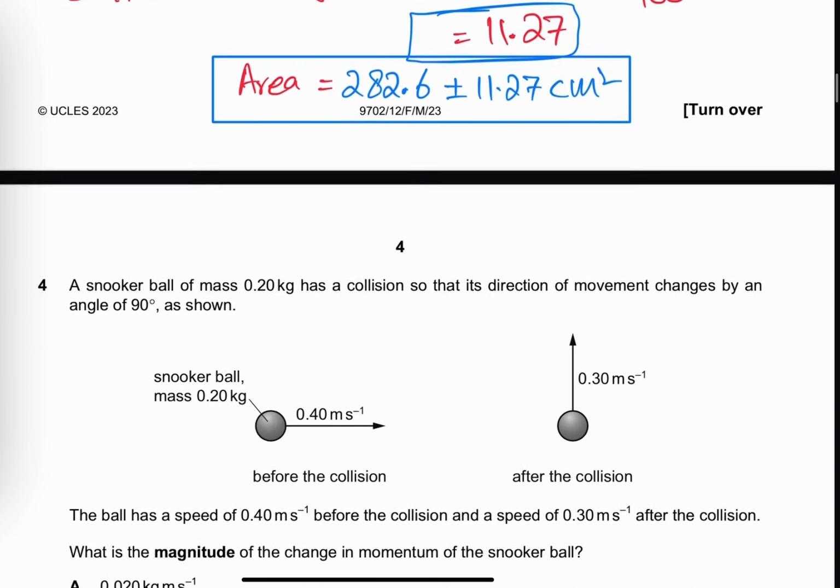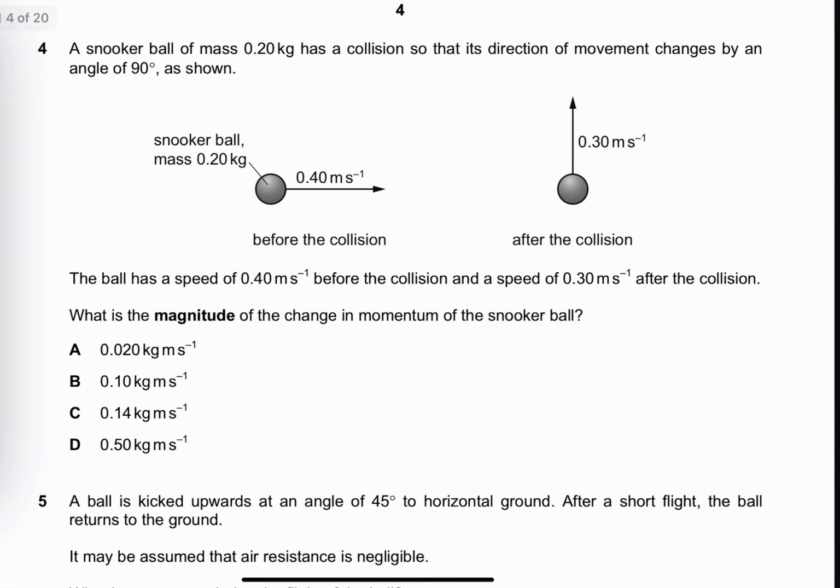So it's option A. In question number 4, a snooker ball of mass 0.20 kg has a collision so that the direction of its movement changes by a 90-degree angle. Initially the ball is moving in the rightward direction, then it's moving upward. We have to find the magnitude of the change in momentum. First of all, we need to understand that momentum is a vector quantity.